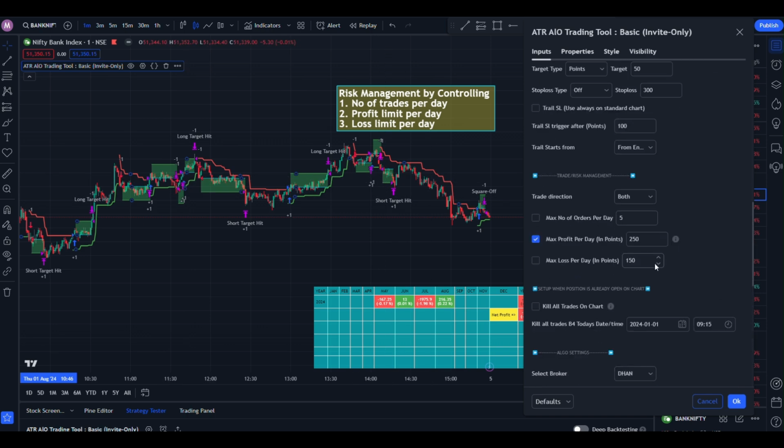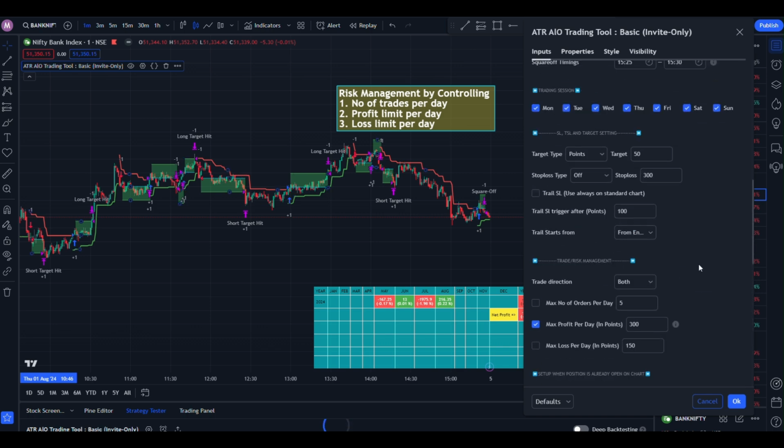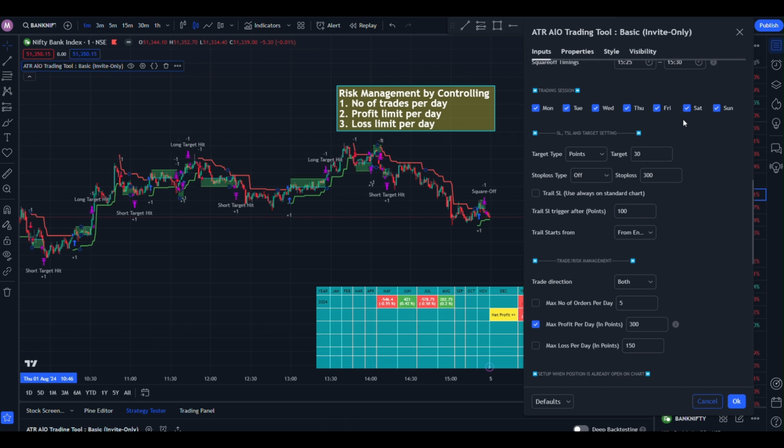Let's say 300, and let's reduce the target points. Where is the target points? Here. Let's say it's only 40 points each entry. Let's cover the 40 points. Then what happens? No, let's say 30 points. Okay, you will capture 250 points.